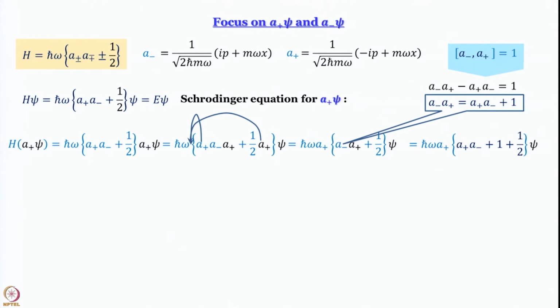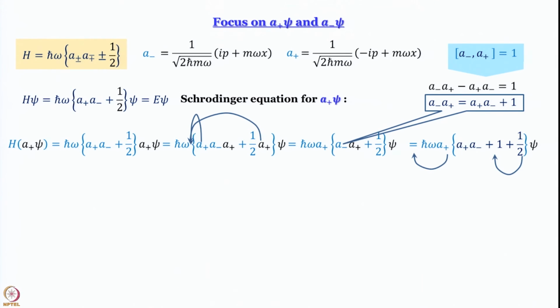So I get H cross omega A plus, and inside the bracket I get A plus A minus plus 1 plus half psi. I move the half first, so that I have A plus A minus plus half, very much like what is there in the Hamiltonian, and then we will see what to do with this one.